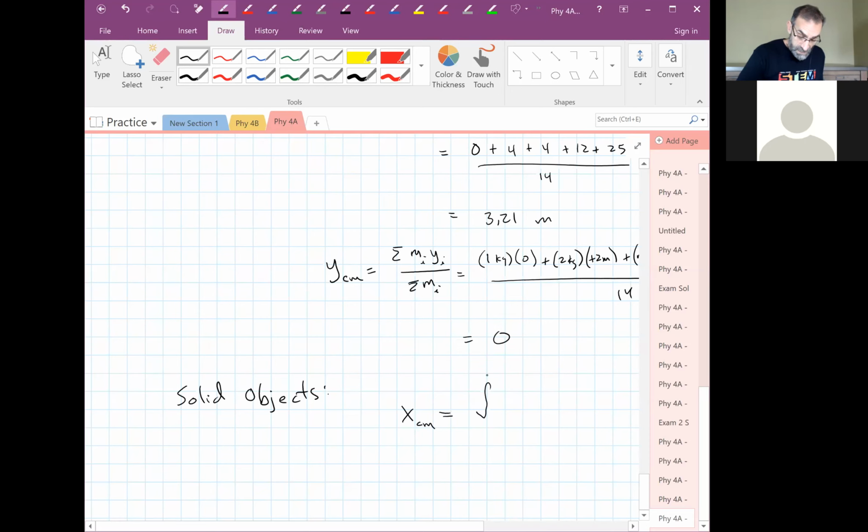We turn that into an integral. We treat each little tiny element of the mass like a point mass. We take its mass, some little infinitesimal part of it, call that dm. We multiply it by its position, and we add them all up. And then we add up all the masses to get the total mass.